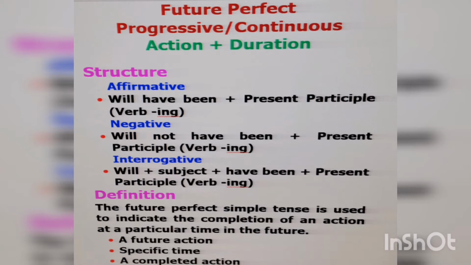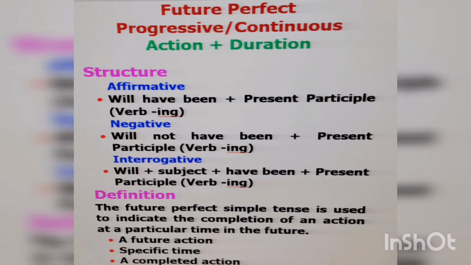When we have affirmative, will plus have plus been, no change at all, don't change it, plus present participle. What do we mean when we say present participle? We mean a verb, and that verb has ing at the end.